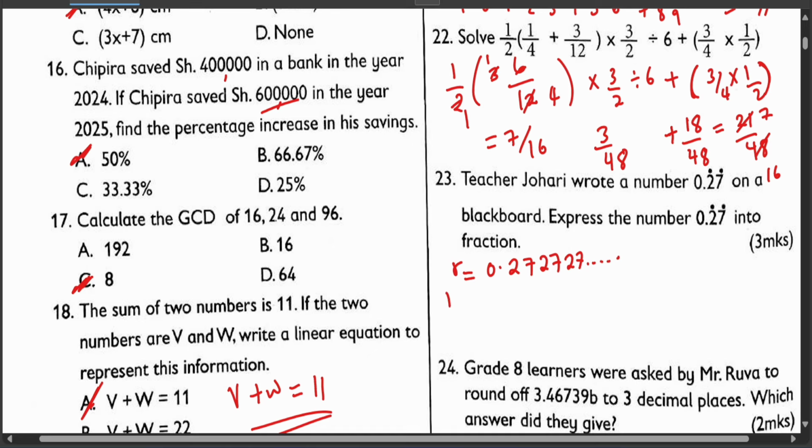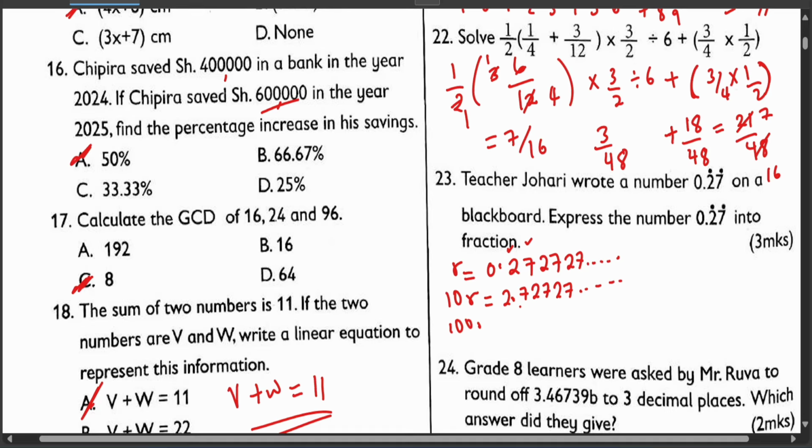Then you ask yourself, 10R ni ngapi? 10R itakuwa 2.7272 recurring. Kwa vile baada decimal number zifanane na hiyo nyingine. Here it starts with 2727, they are not equal to each other.